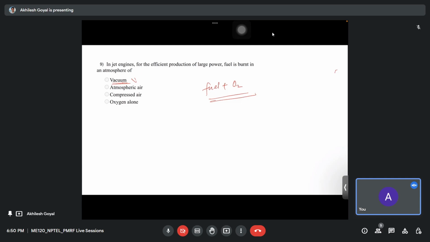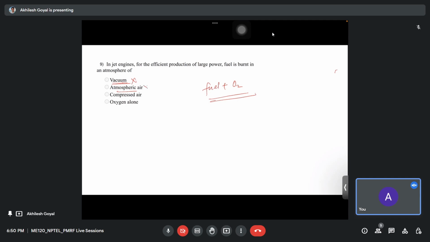The second is atmospheric air. In the case of atmospheric air, the fuel can be burned, but in the case of jet engines, at atmospheric air the fuel will not burn completely. There will be some unburned fuel remaining. That is not desirable, and that is also not an efficient production of power.